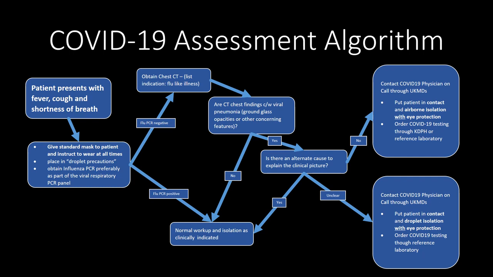The workup will start with a test for influenza and other viral respiratory infections, preferably using PCR. If the flu comes back positive, they'll be worked up like a normal flu patient. If the flu comes back negative, you could consider getting a CT.